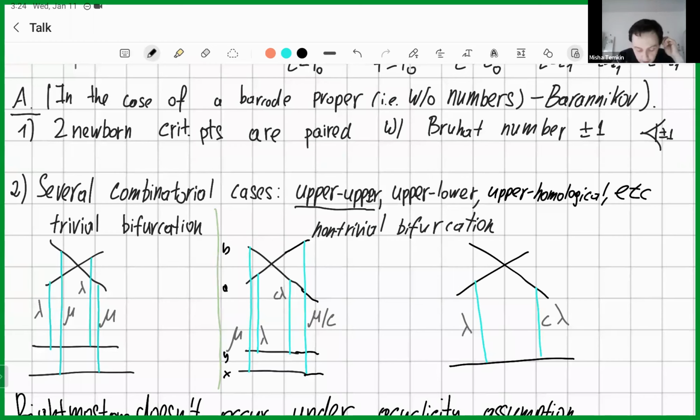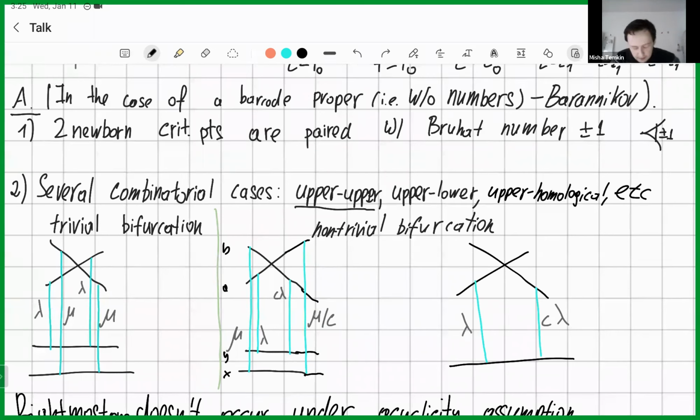But after the bifurcation, the point a is paired with point x. And similarly, before the bifurcation, b was paired with x, but after the bifurcation, b is paired with y. So the pairing changes, and this is what Barannikov has noticed.